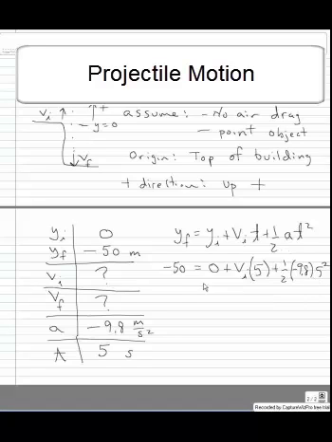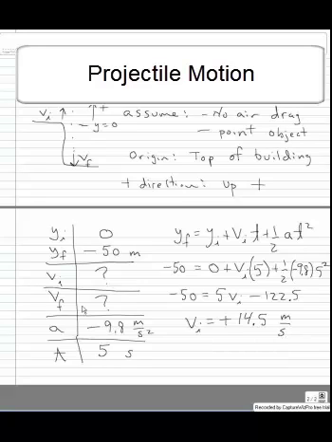So what do I end up with here? Minus 50 is 5 V initial minus 122.5, and I have V initial is a positive. I'm going to write the positive sign here just so I don't forget. Positive 14.5 meters per second.